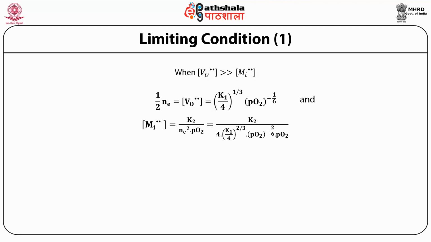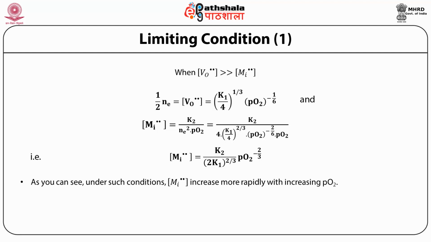And Mi double dot is equal to K2 divided by Ne squared times PO2, which comes out to be K2 divided by 4 into K1 by 4 to the power 2 by 3, PO2 to the power minus 2 by 6 into PO2. That is, the concentration of Mi double dot is equal to K2 divided by 2K1 to the power 2 by 3 times PO2 to the power minus 2 by 3.